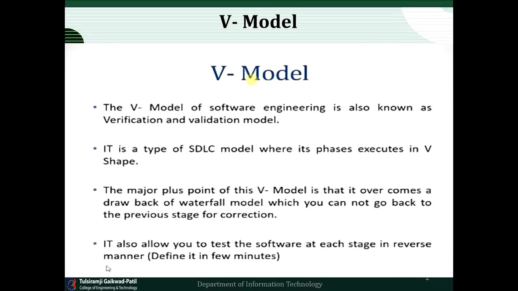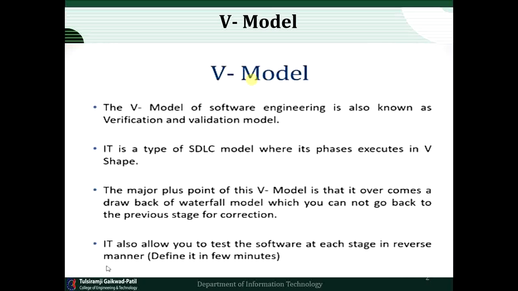V model consists of verification and validation types. In this model, we can process the software in parallel. That's why it is called a V model. The major plus point of the V model is that it overcomes the drawback of the waterfall model, which cannot go back to a previous stage for corrections, as we already told.